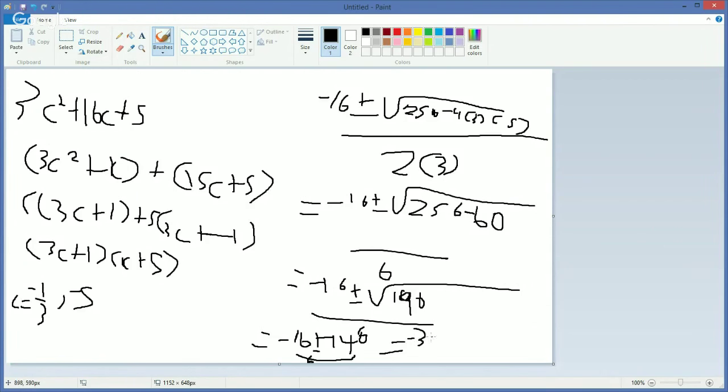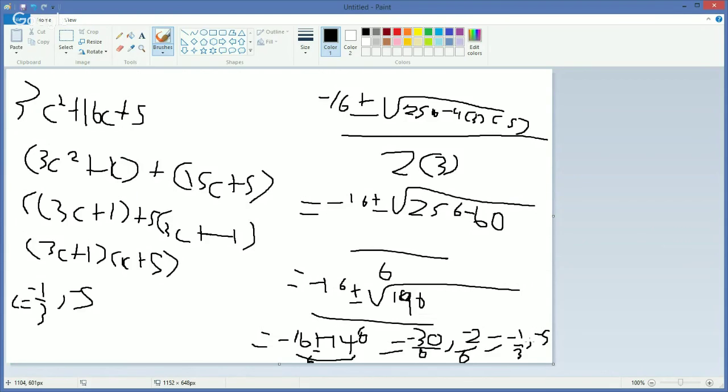So minus 30 over 6, comma, minus 2 over 6, which equals minus 1 over 3, comma, minus 5.